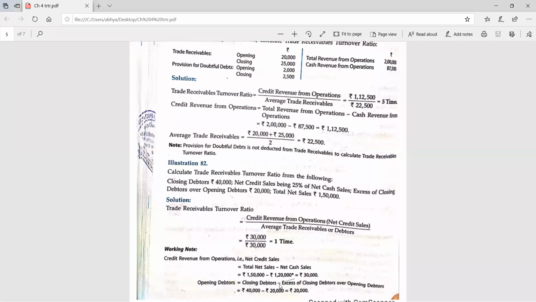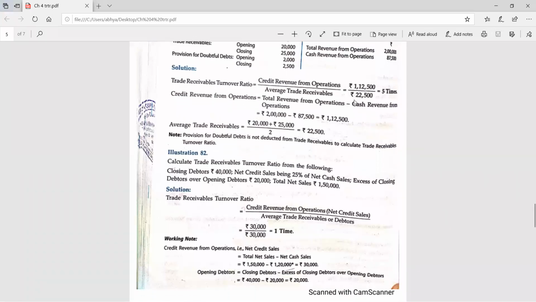Now what is given in the above equation? Net credit sales being 25% of net cash sales. So assume cash sales are X. Let cash sales be X, then the credit sales are 25% of X, meaning X into 25 by 100, which is equal to X by 4.